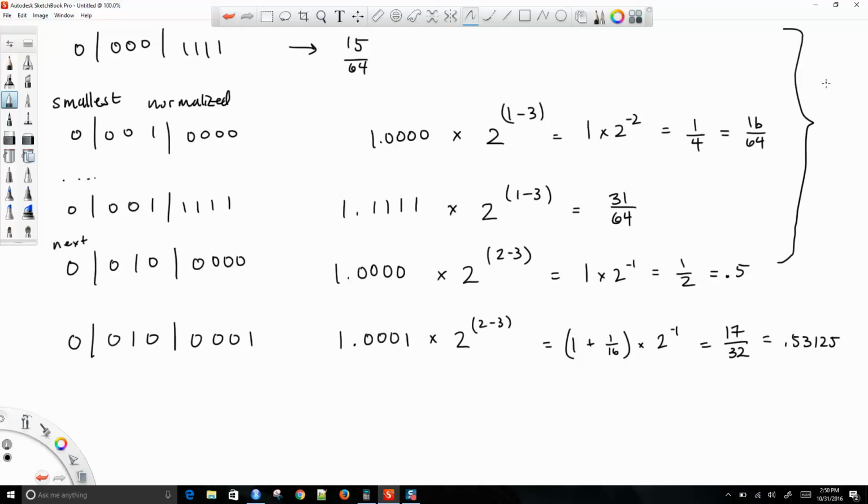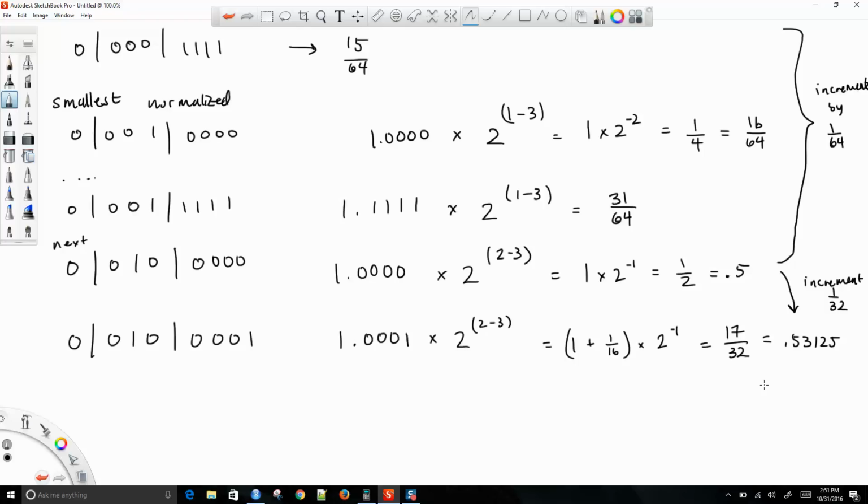And so up until this point, each bit increase increments by 1/64. Once we reach this point, we are incrementing by 1/32. At this point we can no longer distinguish 64ths or anything smaller than that.